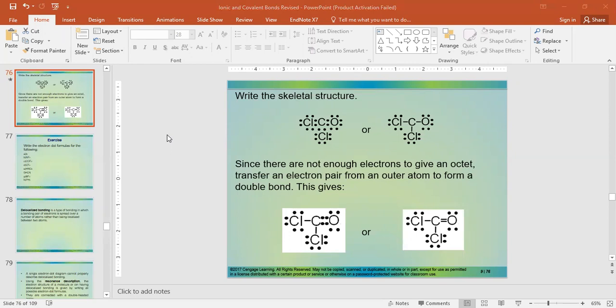I think the question the gentleman was asking is, up to this point, the oxygen and the chlorine are already okay, in the sense that they have the 8 electrons. But carbon has 6, and we wanted to have 8.